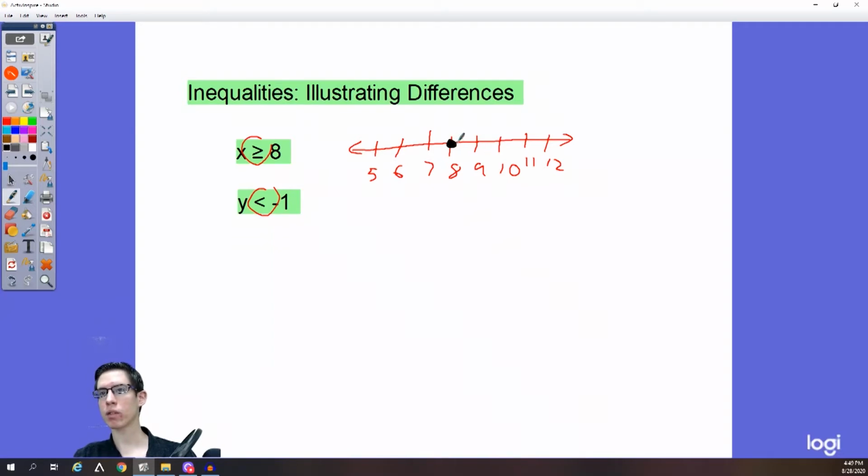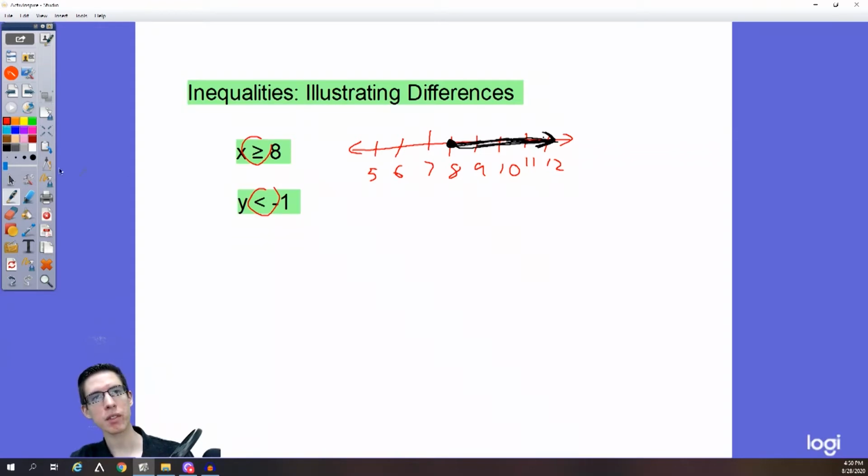And then we're going to draw an arrow in this direction, shade that nicely so that it's very clear what direction we're going, and give it an arrowhead, just like that. Okay? That's for greater than or equal to.